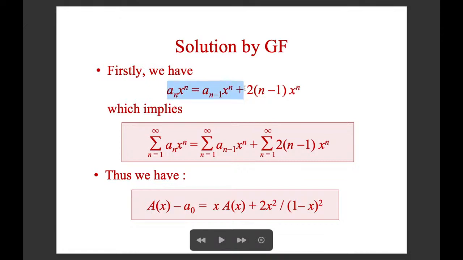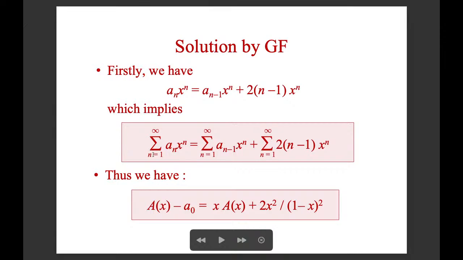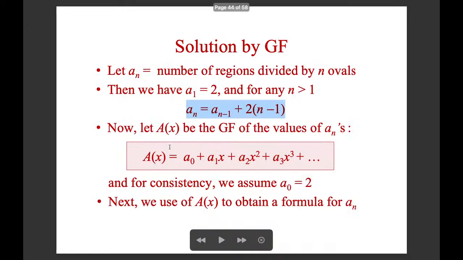For this recurrence relationship, we know that we can do so for any n greater than 1.